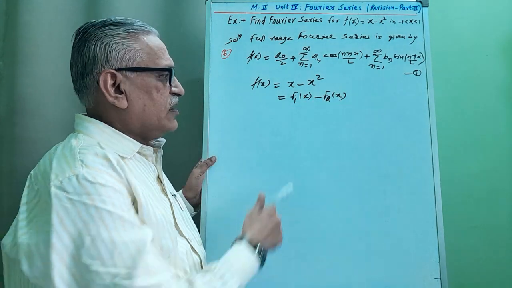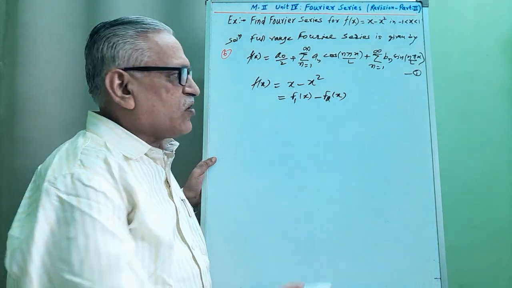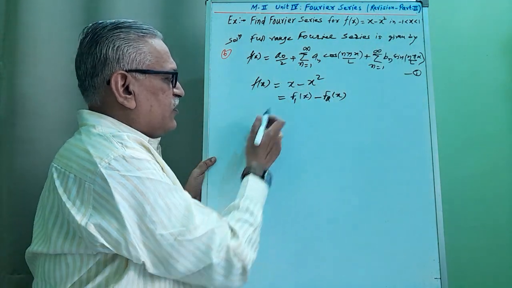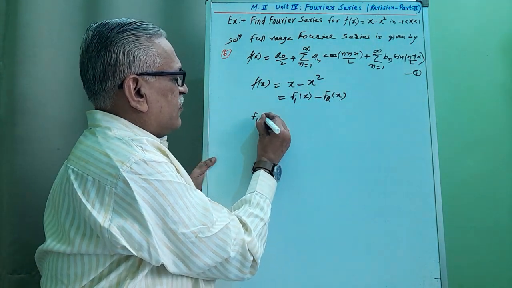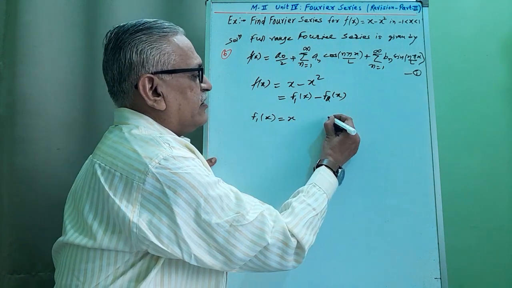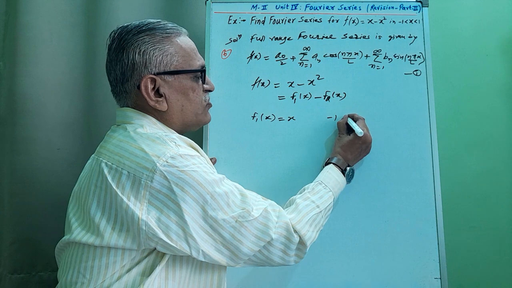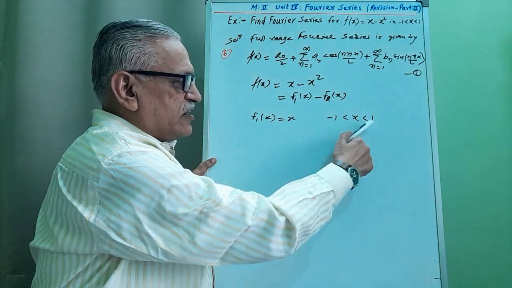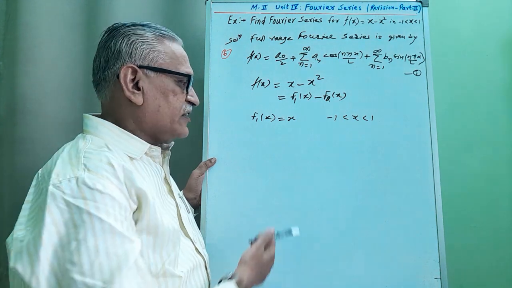It is neither even nor odd in the interval minus 1 to 1. But if we consider the individual function f1 of x as x, in the interval minus 1 to plus 1, and as it is minus L to L type, we can check its type.